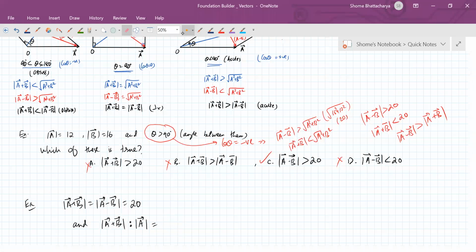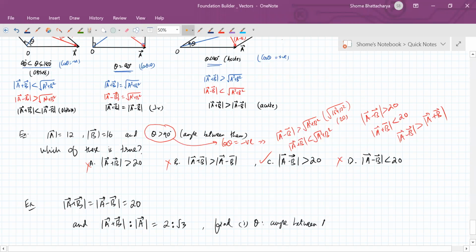Let's make it 2 is to root 3. So find theta, the angle between A and B, and secondly, the ratio of mod A to mod B. So quickly work out this question also now.